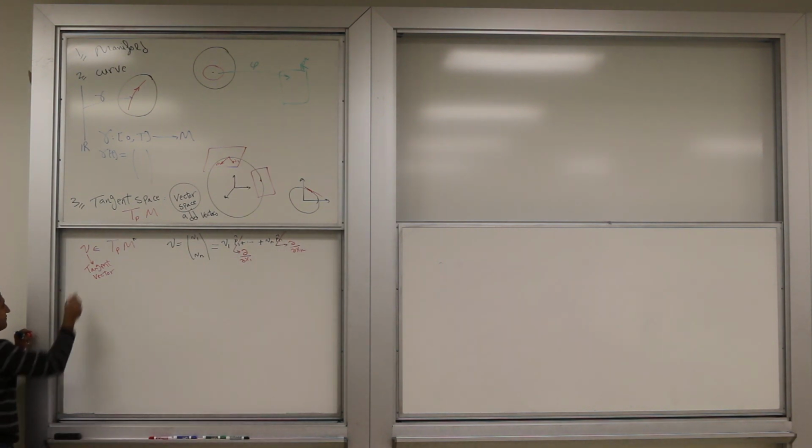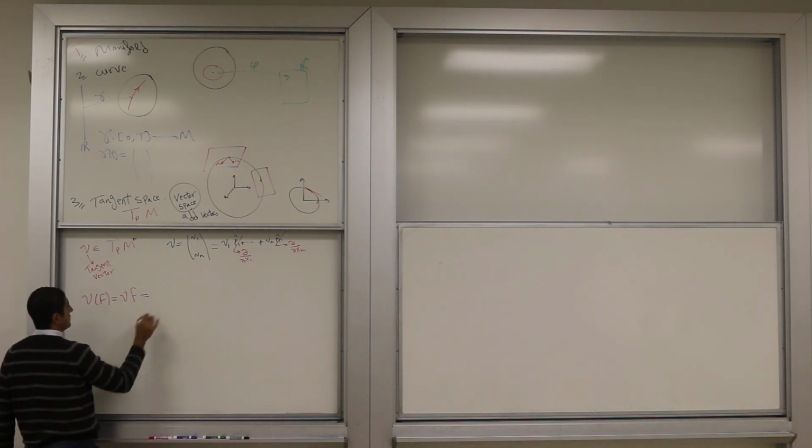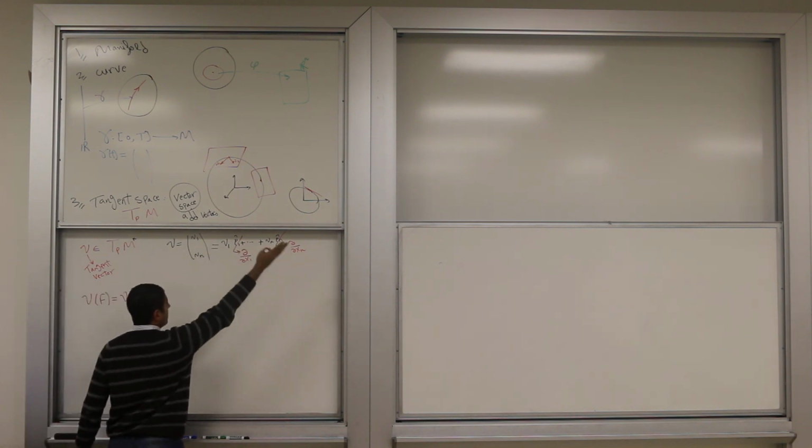So if this vector acts on a function, takes a function f, we write it as v of f or vf. This is just multiplying this guy with the function f.